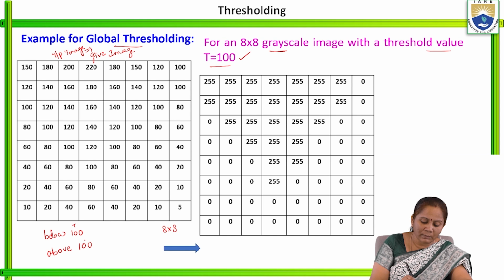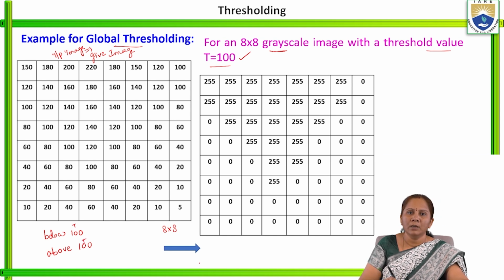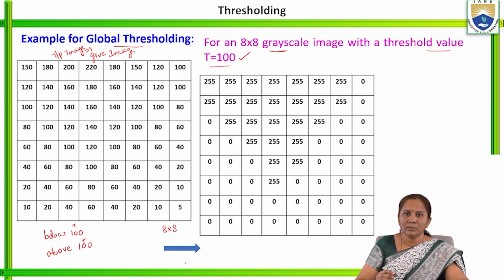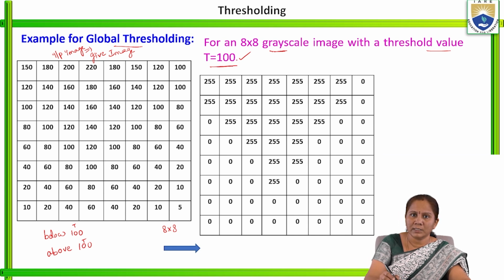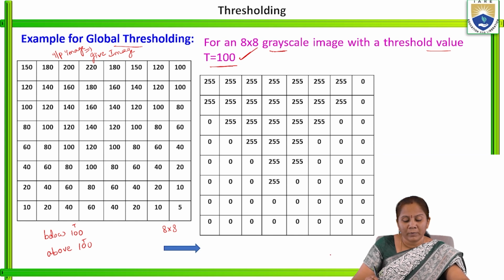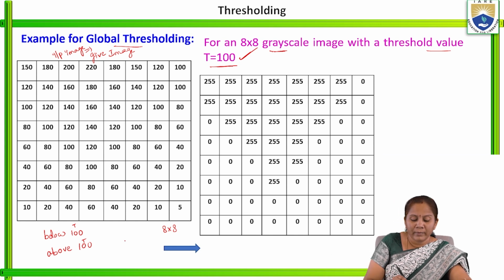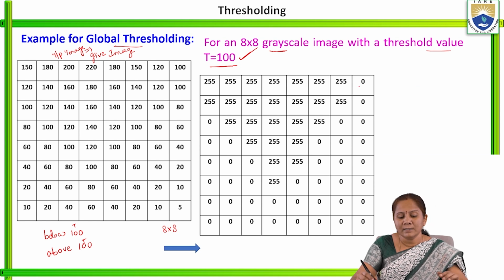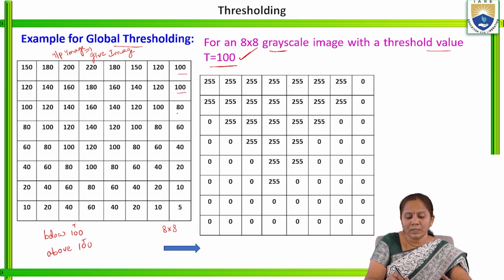So what does this 100 mean? This is the threshold value. Because it is taken as 100 here, it's our wish. We can take the threshold value; the user can decide. And here based on the threshold value, if any intensity value in the given image is below 100, see here, all these values are below 100.